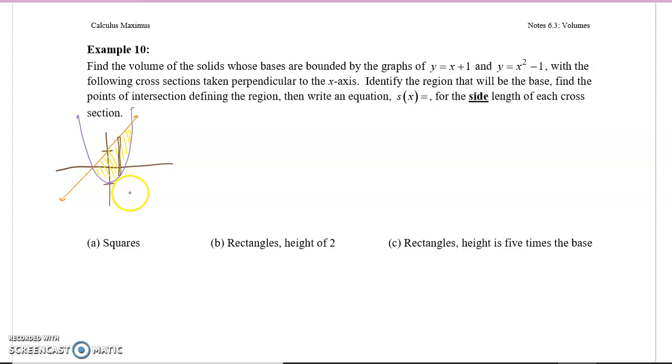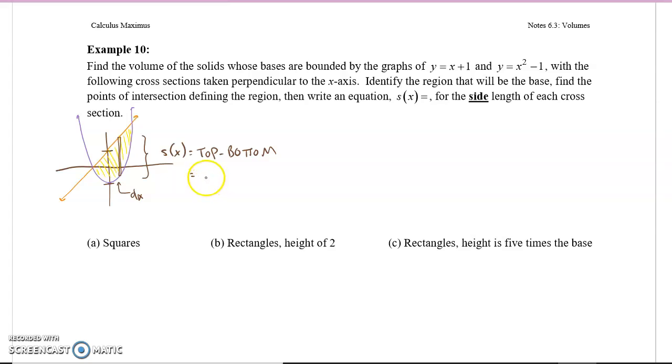So that means that this little thickness right here is going to be dx, and this is going to be our side length. We'll call it s. s is a function of x, it's going to change depending on what x is, and to find the height of this, it's going to be the same as it always is, right? We're going to find the larger value and subtract the smaller value, the top endpoint minus the bottom endpoint.